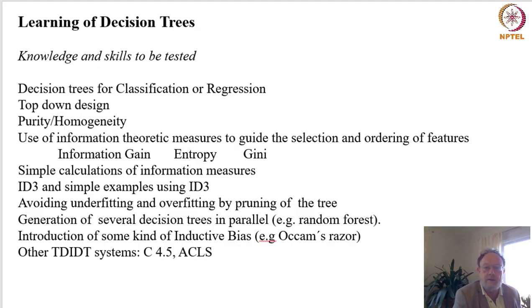After that, we looked at decision trees and how to build them, both for classification and regression. And the method is essentially top-down. So we talked about various properties of the relation between the instances and the built-up trees, such as purity and homogeneity.